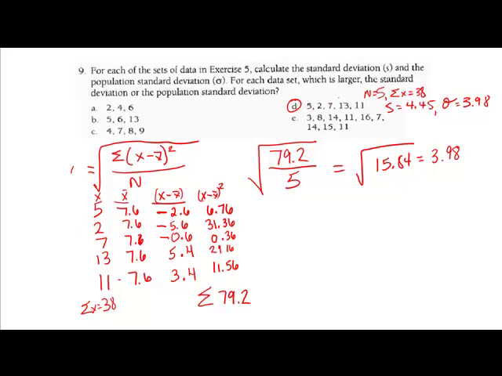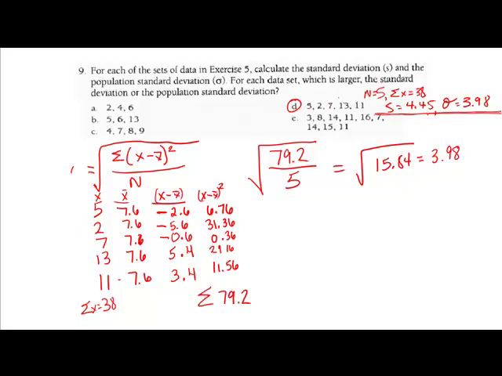The question is, for each data set, which is larger, the standard deviation or the population standard deviation? Well, for this data set, and spoiler alert, for all of them, when you have a smaller denominator, because of the subtracting of the 1, you're always going to end up with a larger standard deviation in the end result.